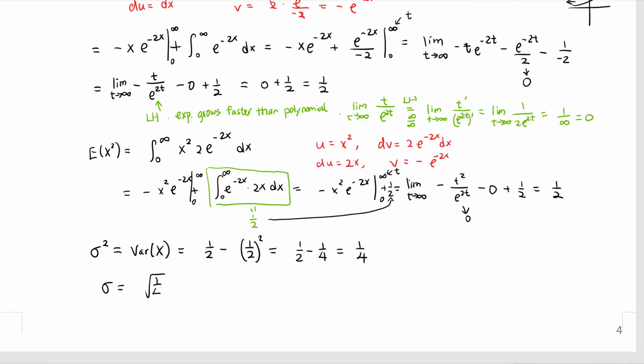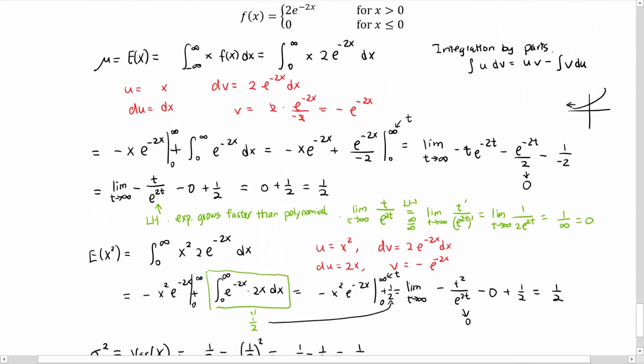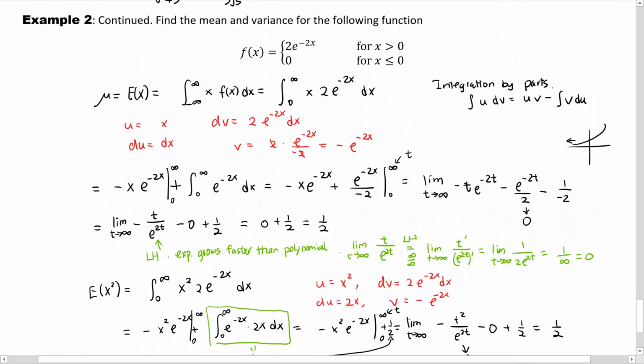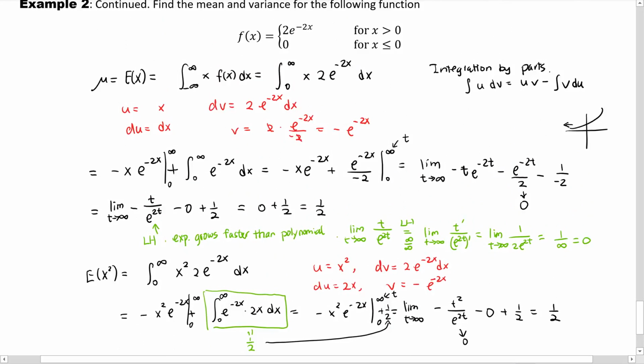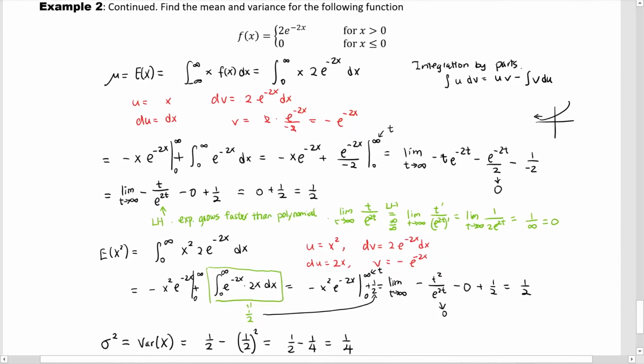Well, the square root of 1/4 is 1/2. Interesting. The mean is 1/2, the second moment is 1/2, the standard deviation is 1/2. I wonder if the higher moments are also 1/2 as well. You can try to compute the nth moments, the third moment, the fourth moment, and maybe we can conclude whether the moments are all 1/2.